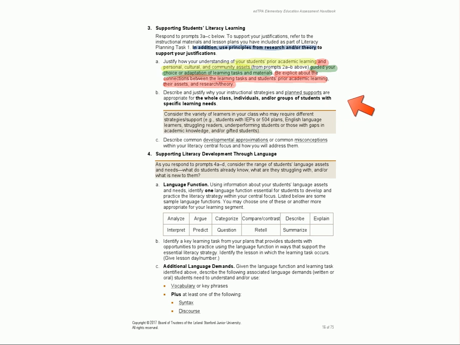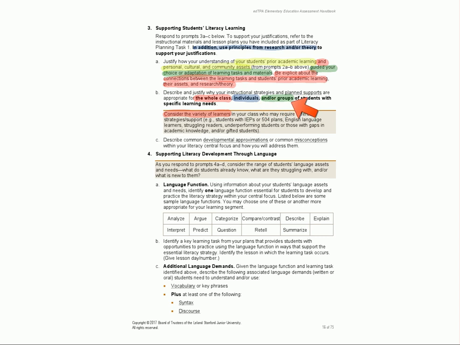Now the next part is something you have to consider throughout the edTPA and sometimes gets lost. You need to be able to describe what you're doing for not just one student, but for different configurations of students. So describe and justify why your instructional strategies and plan supports are appropriate for whole class, okay, the whole class, individuals and or groups, okay.